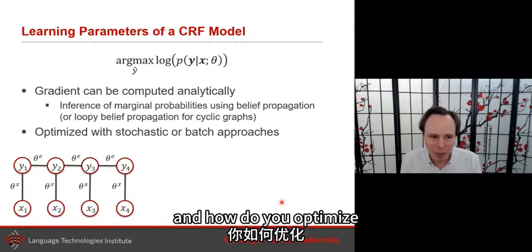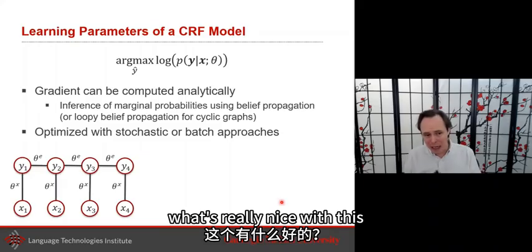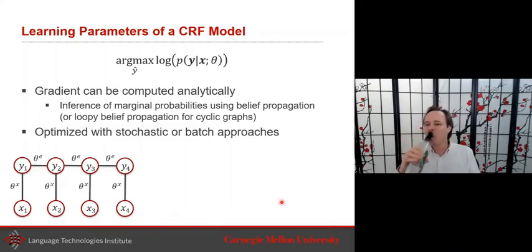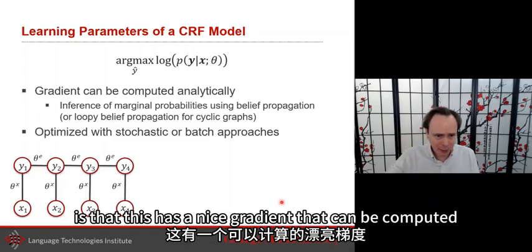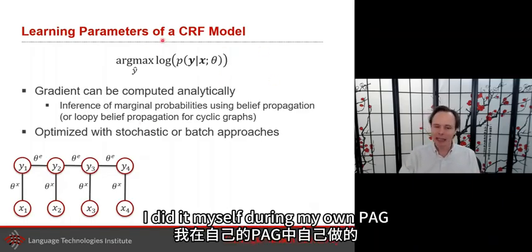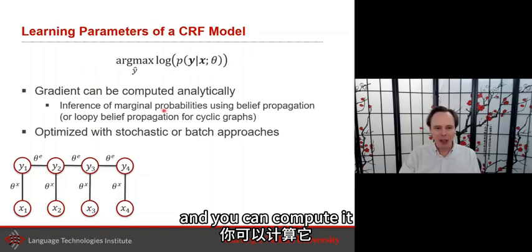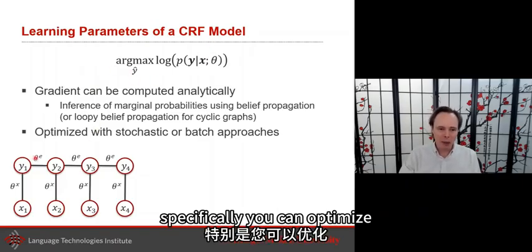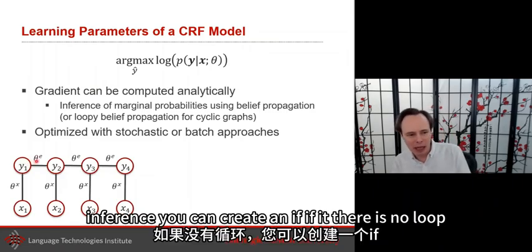And how do you optimize? What's really nice with this is that it has a nice gradient that can be computed analytically. You can compute this. I did it myself during my own PhD. You can optimize and do inference, and you can compute the gradient if there is no loop.